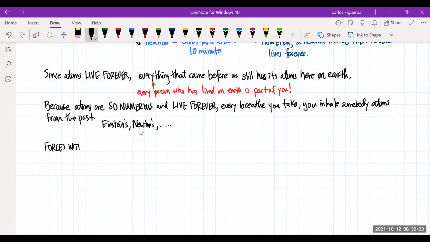Forces within the atom. And what you're going to see here is that there are two topics that we should talk about. One, we have to talk about the discovery of the nucleus, and that was done by Rutherford.